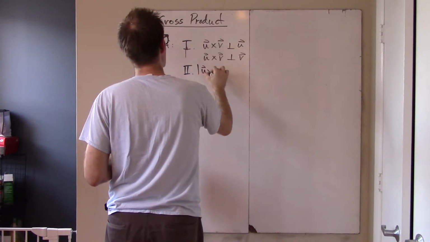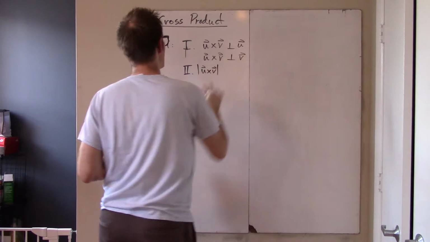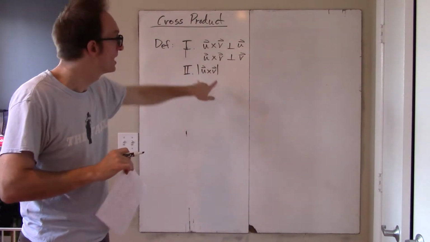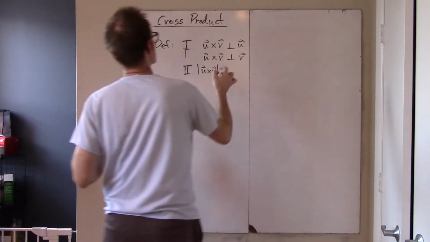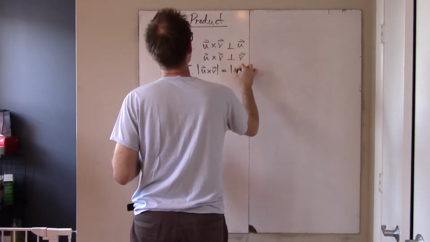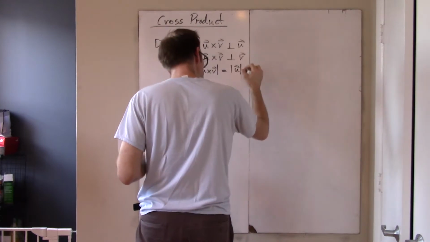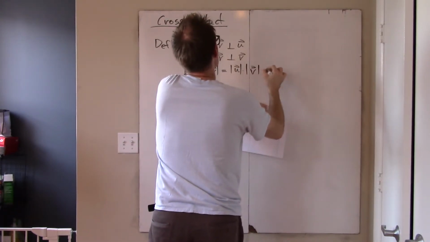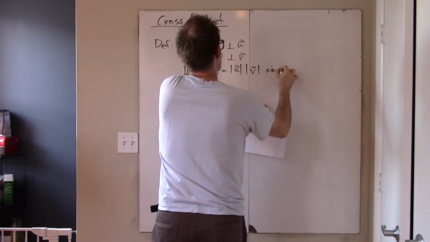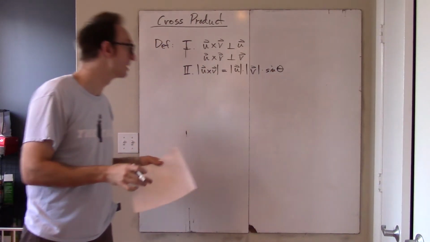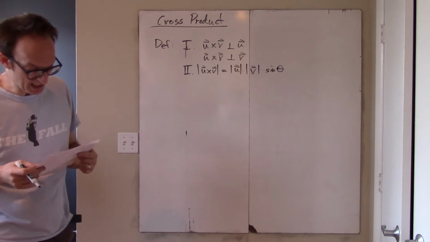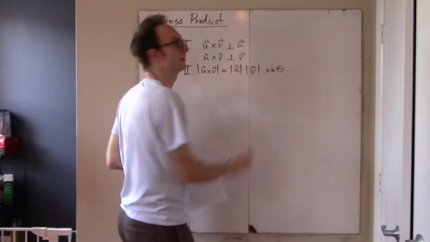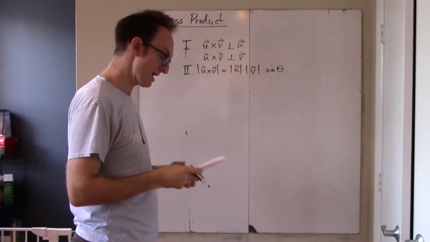The magnitude of the cross product, remember the cross product of 2 3-dimensional vectors is itself a vector, the magnitude of that cross product is the magnitude of u times the magnitude of v times the sine of the angle between them. There is some kind of justification for this definition, but this is just the definition.